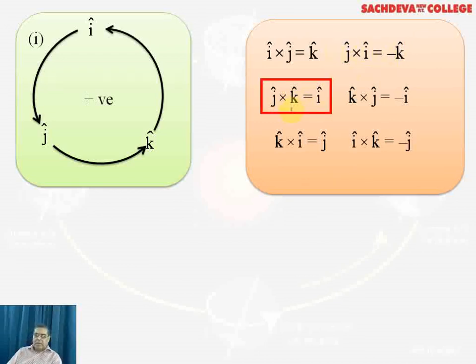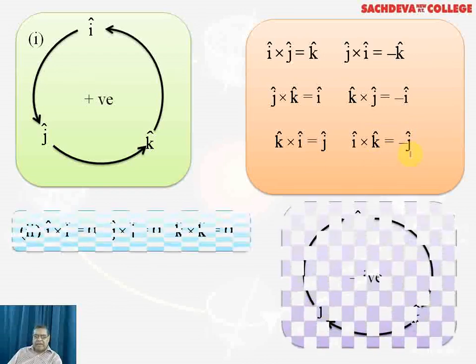Now we take the cross product of J and K, that will be vector I. But if we change the placement order, that is, the cross product of K and J, it will become minus vector I. The cross product of K and I will be J, but the cross product of I and K will be minus J. So if we change the order of the unit vectors, the result will become negative.